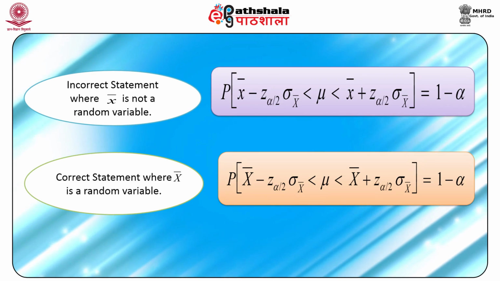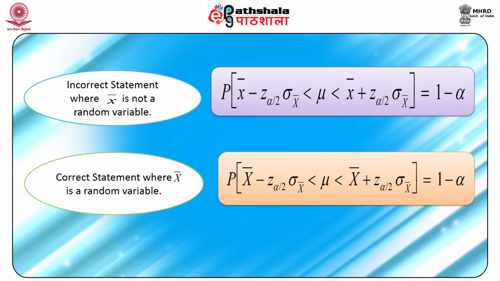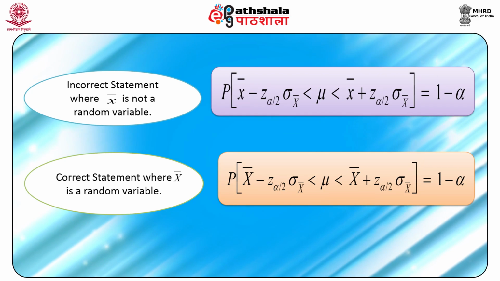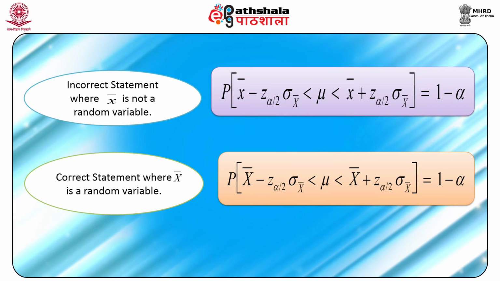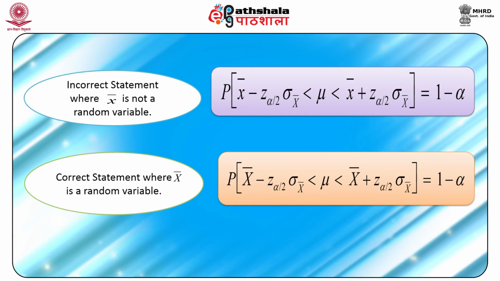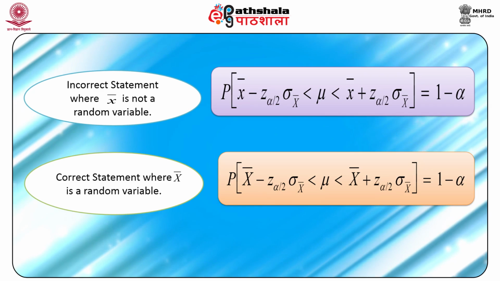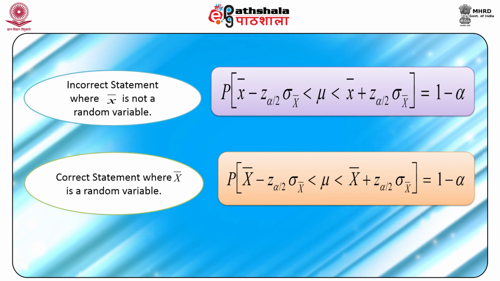So we are saying x bar is a random variable, therefore this is the probability which is equal to 1 minus alpha. If x bar is not random, we cannot define this confidence interval in the same manner and interpret it in the same manner. So suppose we are required to find the 95% confidence interval for unknown mu.